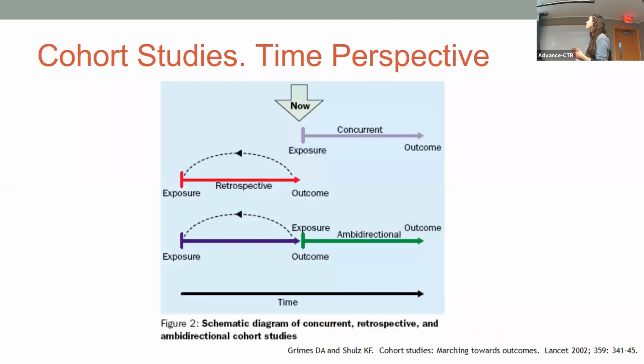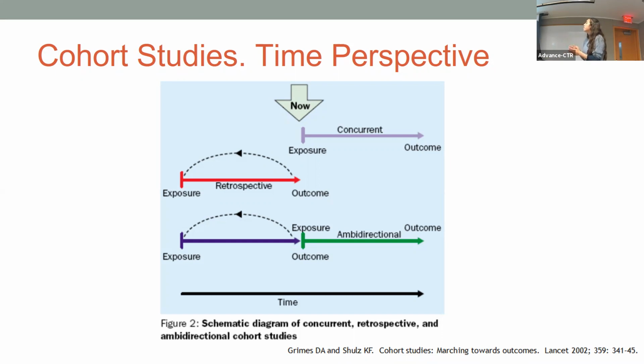And then finally, we have this other image to help us understand. A prospective cohort study is also called a concurrent cohort study. And so if we look at this arrow where it says now, this image helps us understand the difference between the prospective, the retrospective, and the ambidirectional. So I didn't talk too much about the ambidirectional. What's going on with the ambidirectional is that in the present, you might use a retrospective cohort study to go back and determine who was exposed and in who some sort of short-term outcome developed.